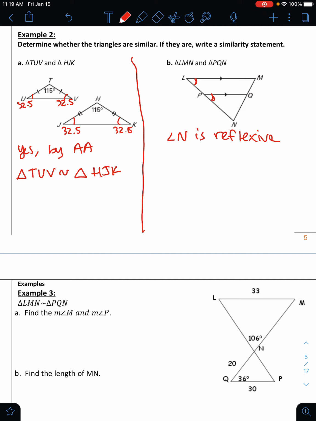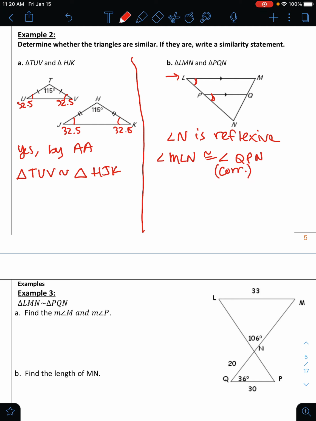L and P, so are M and Q. I'll name the top one MLN, and that is congruent to the second one, QPN, and then I'm just going to write corresponding.